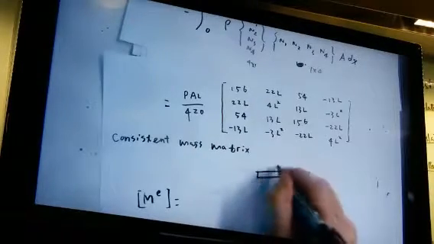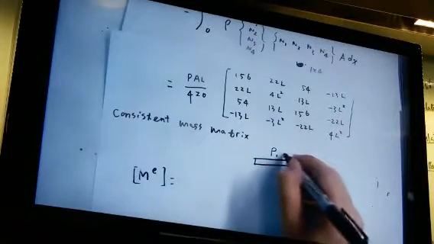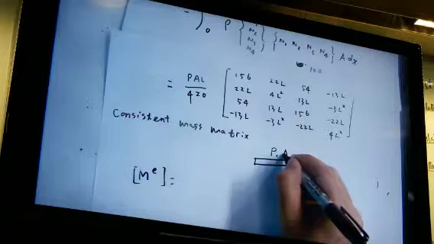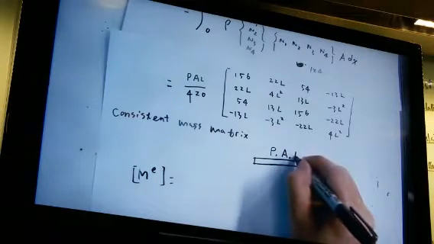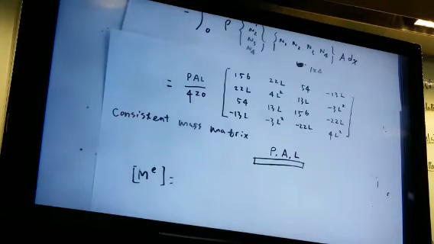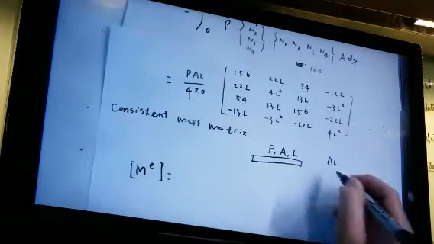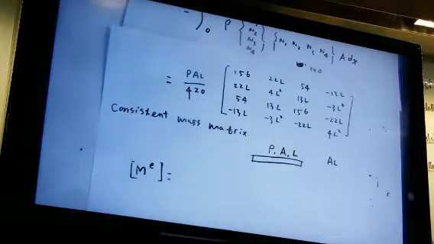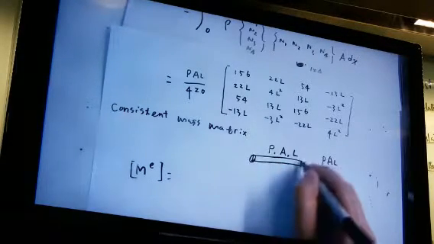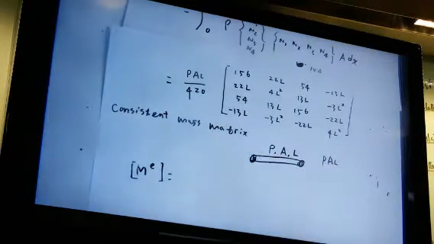This is the beam member. Cross-section is A, density is rho, length is L. So what is the total mass for this beam member? This is the volume, right? Cross-section area times the length. This is the volume of this beam. And then times the density. This is the total mass. And then we are using 2 degrees of freedom to represent this much mass.